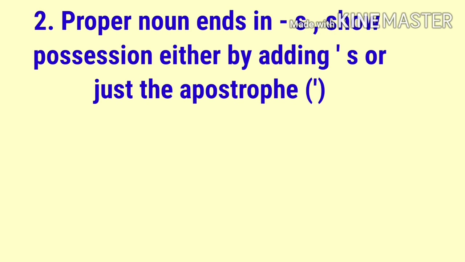Second one, if a proper noun ends in s, we can show possession either by adding apostrophe s or just the apostrophe. Clear, children? So we can add apostrophe s or only an apostrophe to show the possession for a proper noun ending in s.